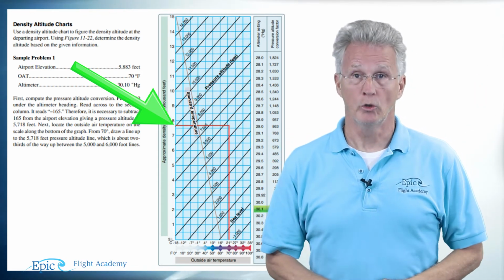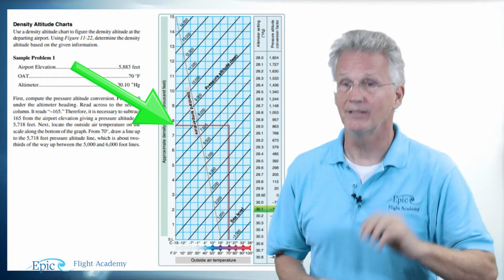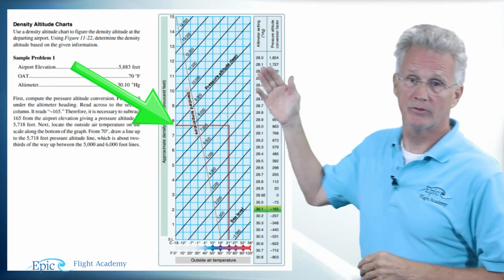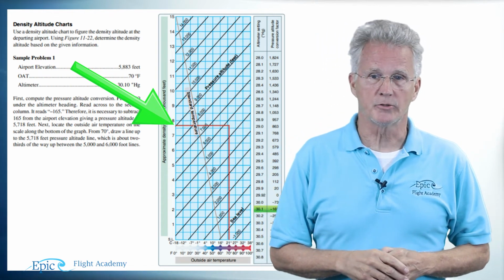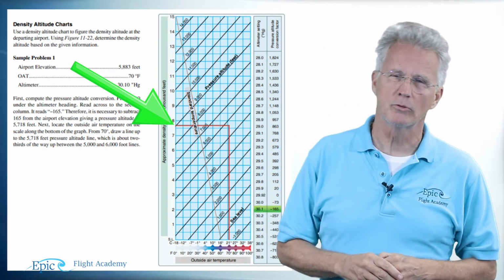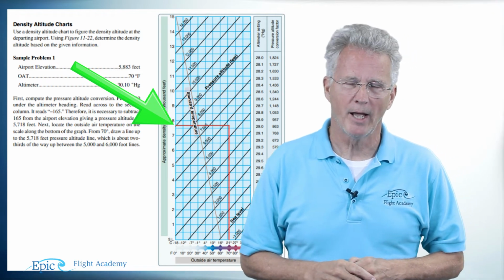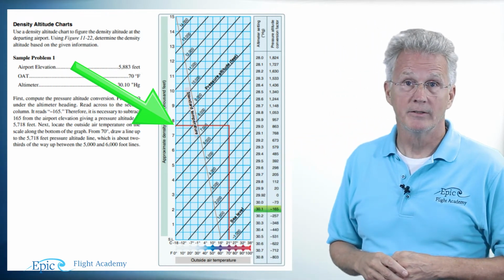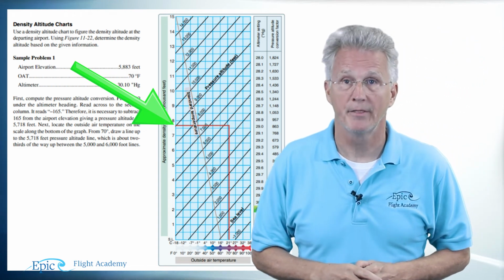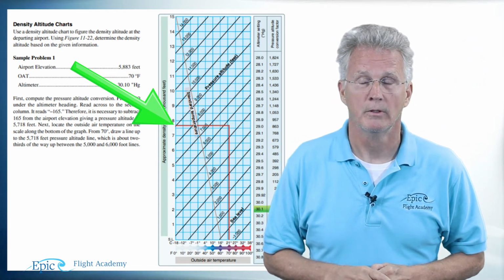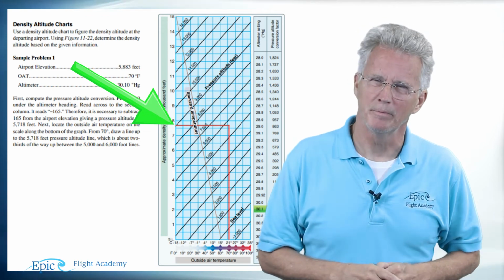Read your density altitude down the left-hand side of that chart. Notice it looks like it's pretty close to right about 8. The 8 means 8,000. What is that really telling me?